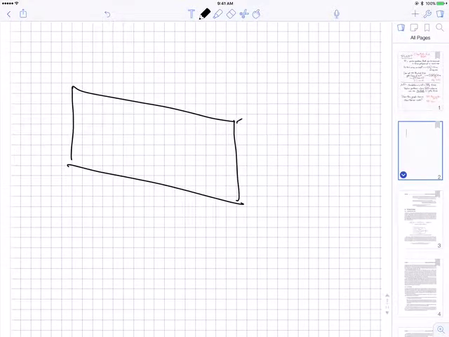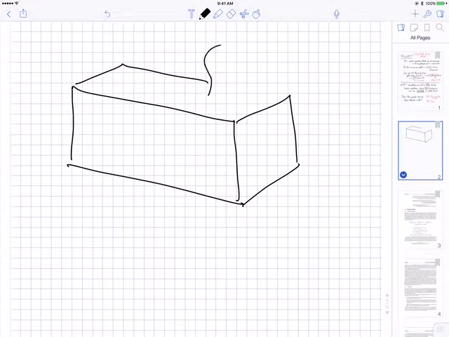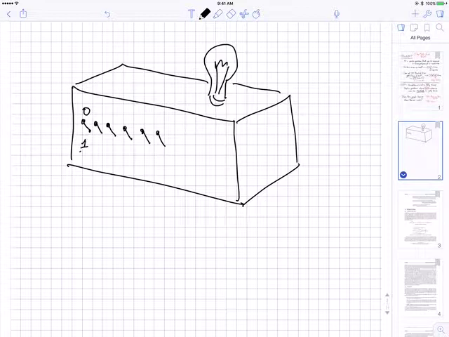Okay? So I want you to imagine that you're looking at a box that has a light bulb glued onto the top, and it's got N toggle switches, all currently pointed up, sitting in the front. 0, 1, 0, 1, 0, 1, 0, 1, and so on.